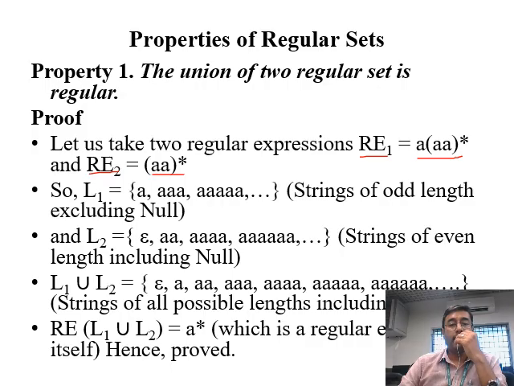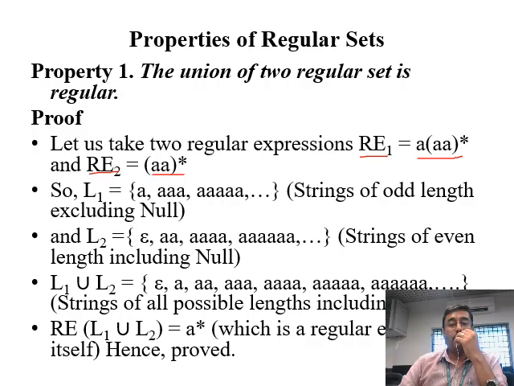For the first one, A(AA)*, what do you mean by this? It should start with A, and after that you should have odd length combinations. Since in front itself you're starting with A, obviously it will have only odd length values.